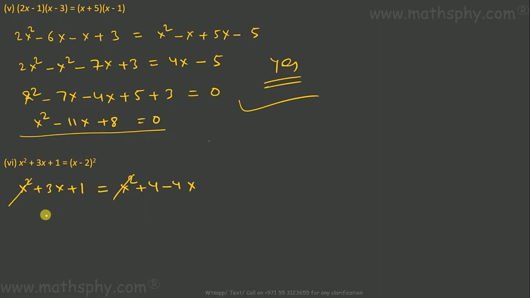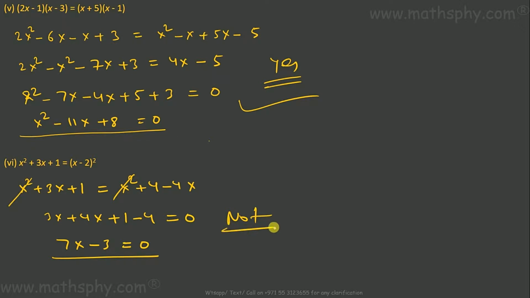What we are left with is 3x. This 4x comes this side, plus 4x plus 1 minus 4 equals to 0. So this is 7x minus 3 equals to 0. X square is missing. We cannot write it into ax square plus bx plus c. This is not quadratic.